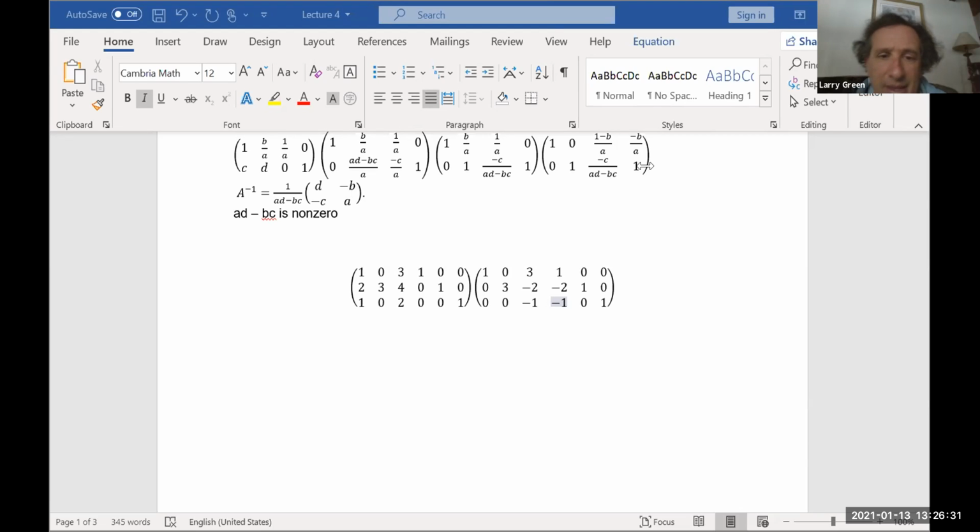The nice thing is I'm going to do things a little differently than you would in a computer. In a computer, the next step would be to divide the second row by 3 to make that a 1. Do you see that? Because computers care about order. I'm not doing it that way. Instead, I don't want fractions until I have to have fractions. So I'm going to take the third row and multiply by -1.